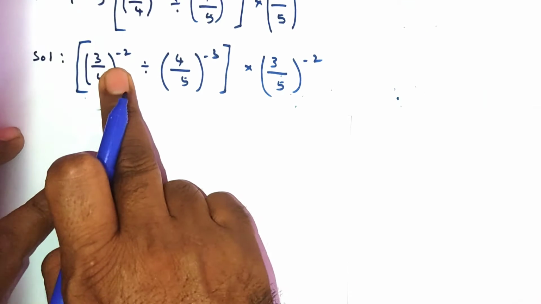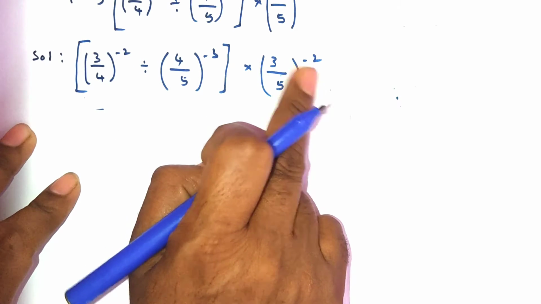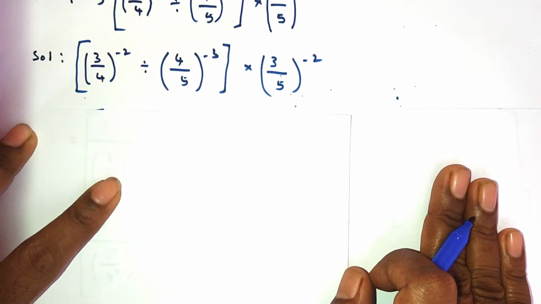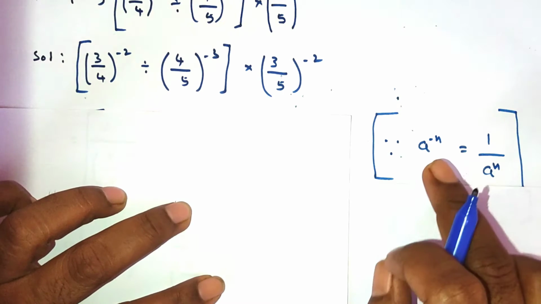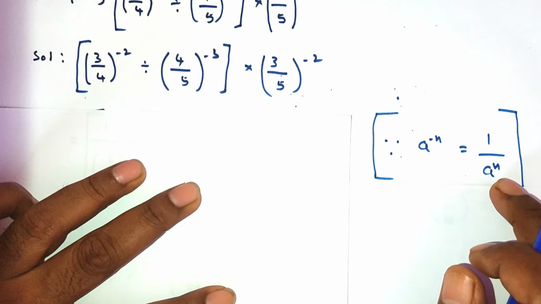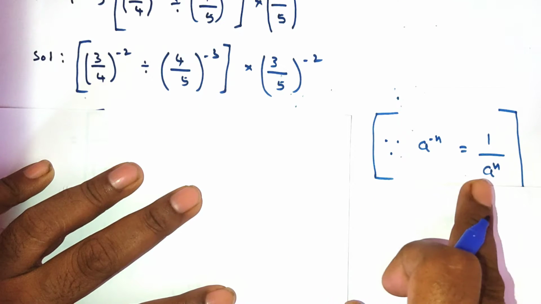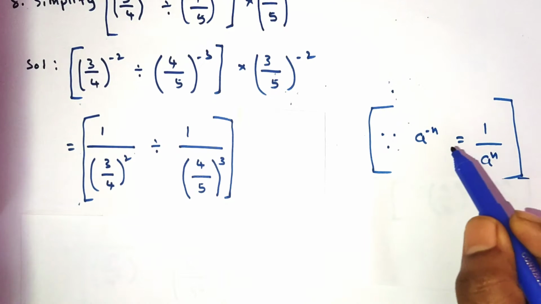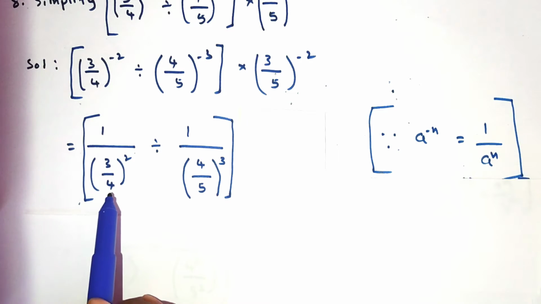Look here, everywhere minus exponents are there. In case of minus exponents, we have to recollect a law of exponents: a to the power of minus n is equal to 1 by a to the power of n. Let us simplify this equation based on this law. Based on this law, we have written these terms like below.